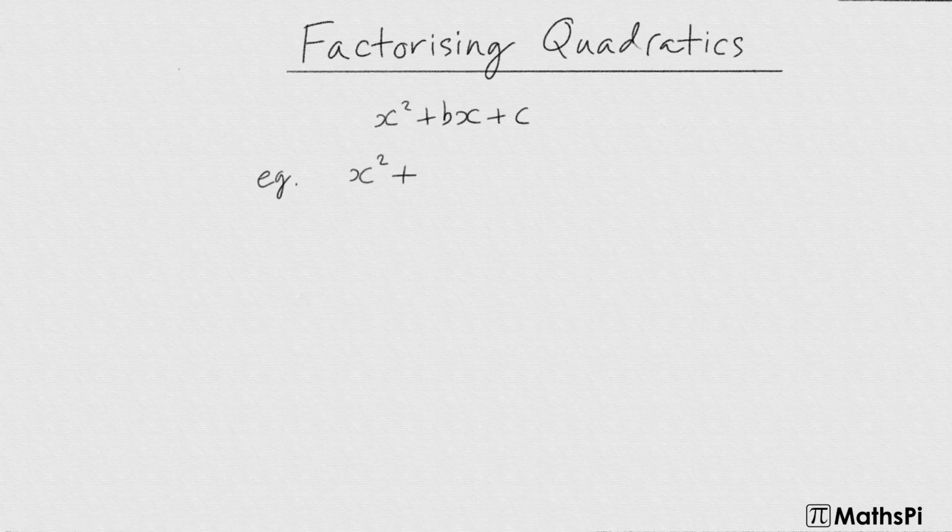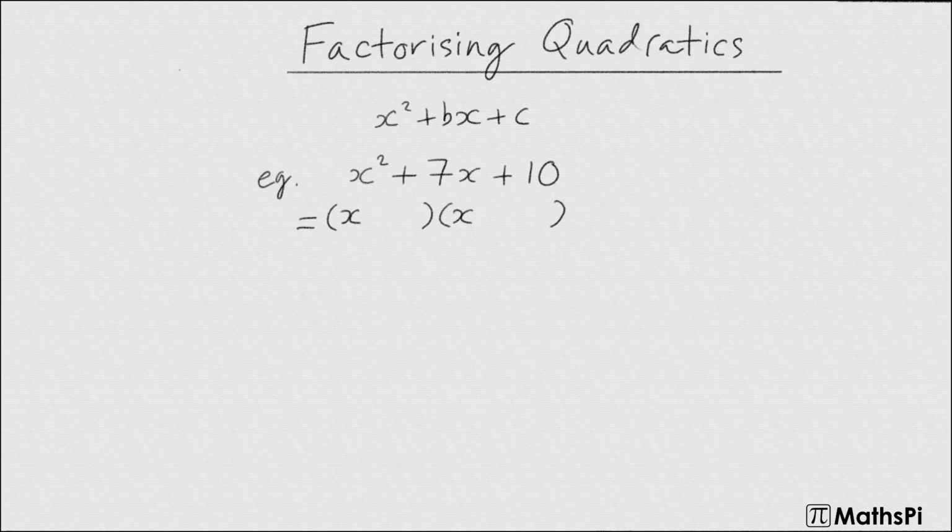So let's say we took x squared plus 7x plus 10. The relationship you're looking for here is that the two numbers would have to multiply to make the constant term at the end there, which is positive 10. And the same two numbers would have to add to make the middle term coefficient, which in this case is positive 7.